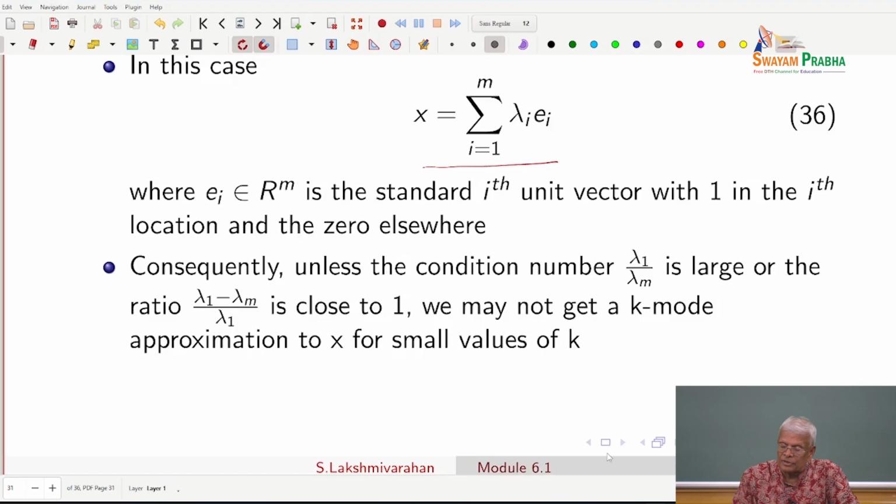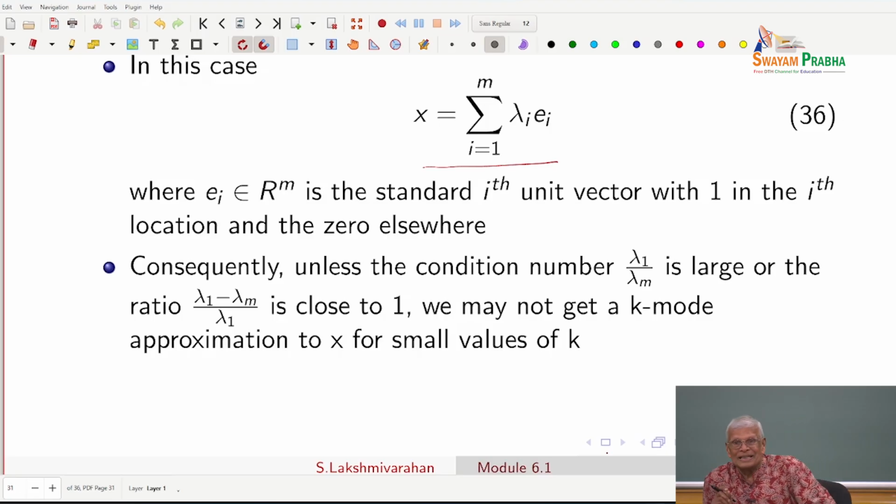The e_i are the standard ith unit vector, where there is 1 in the ith location, 0 elsewhere. Consequently, unless the condition number lambda 1 by lambda n is large, or the ratio lambda 1 minus lambda m by lambda 1 is close to 1, we may not be able to get the k mode approximation for x for small values of k.